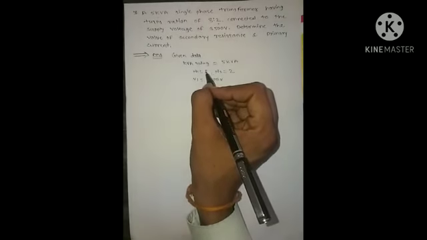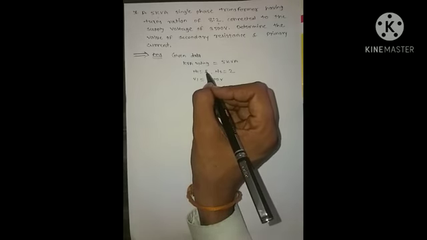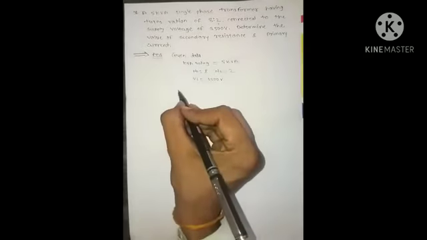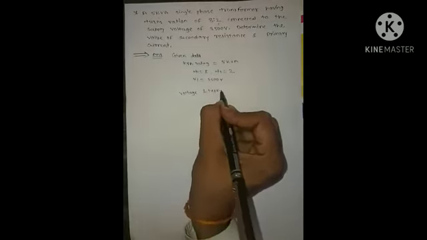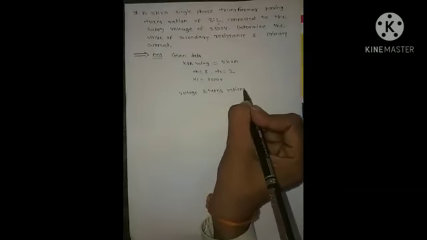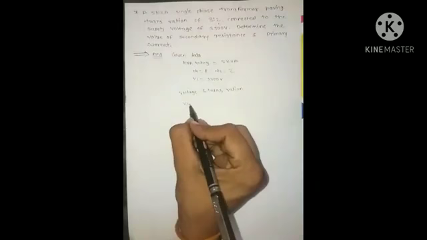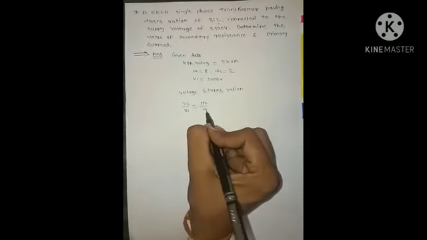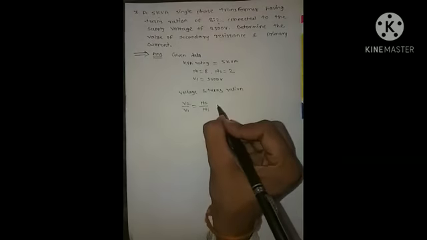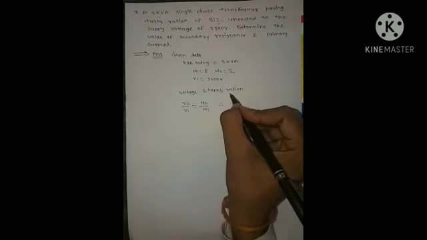By using this given data, we have to calculate or determine the value of secondary resistance and primary current. Okay, to calculate this, first of all we use transformer voltage and turns ratio. We know that the voltage and turns ratio is V2 upon V1 equals to N2 upon N1.